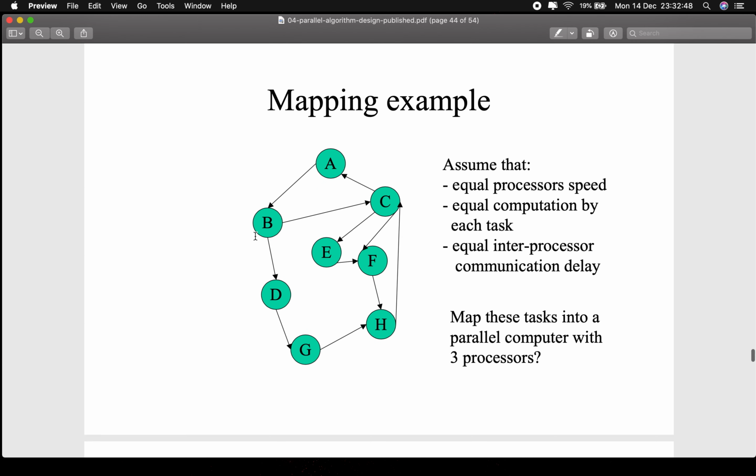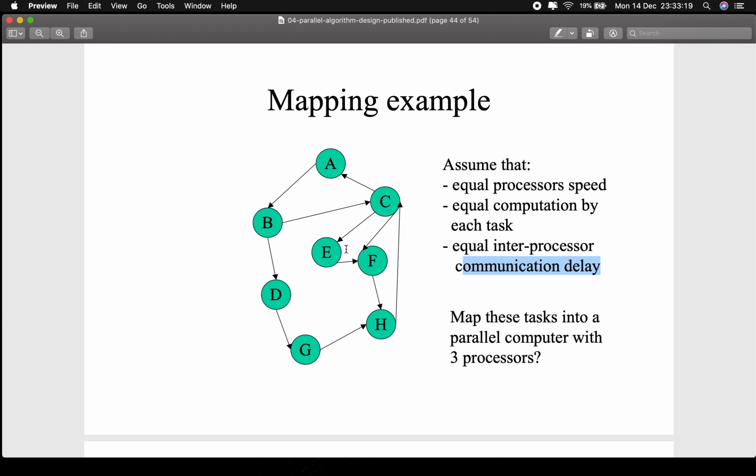And this is the example. Assume equal processor speed for each, and equal computations by each task. So each task, you can see A, B, C, D until H, has equal processor speed, equal computations, and also equal inter-processor communication delay.